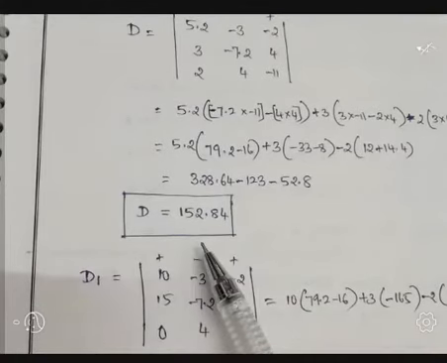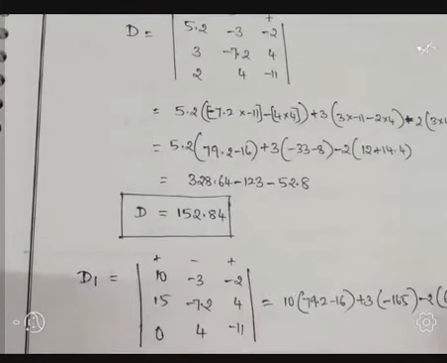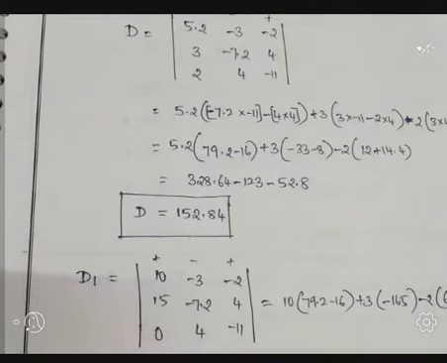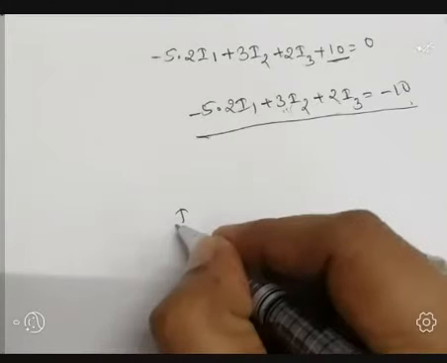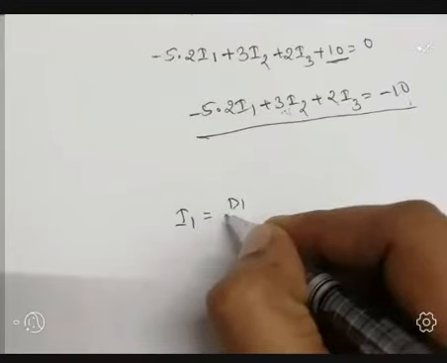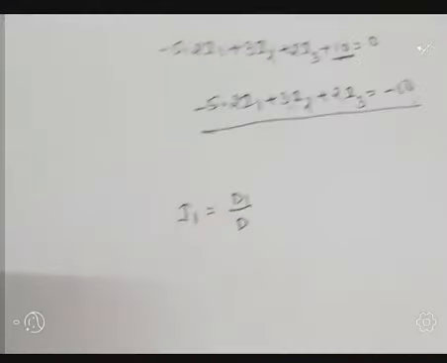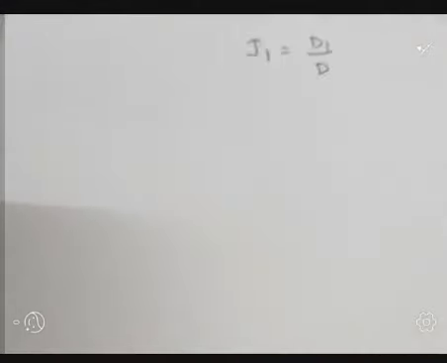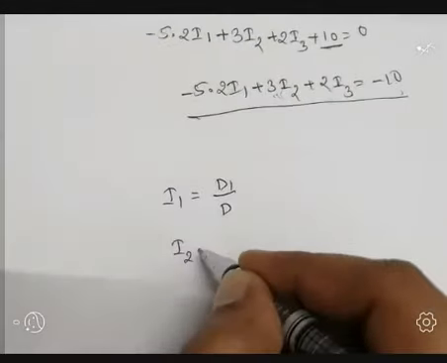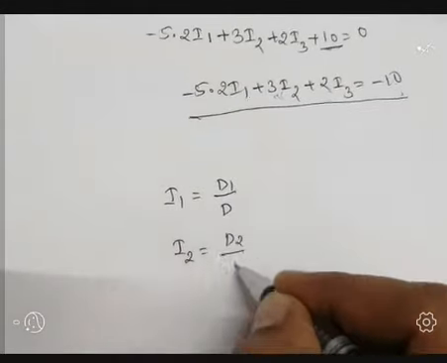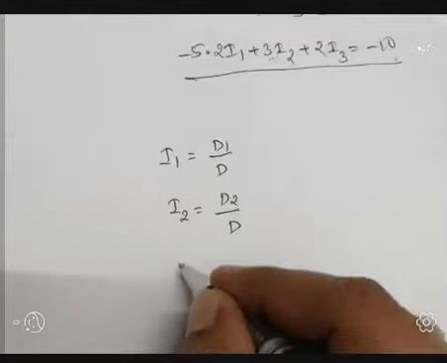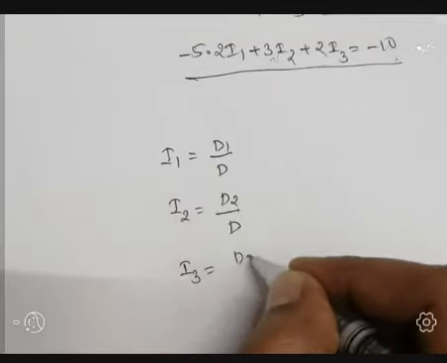So this is the determinant of the given matrix, but we have to calculate three unknowns, I1, I2, I3. To calculate I1, we want D1 by D. To calculate I2, D2 by D. To calculate I3, we require D3 by D.